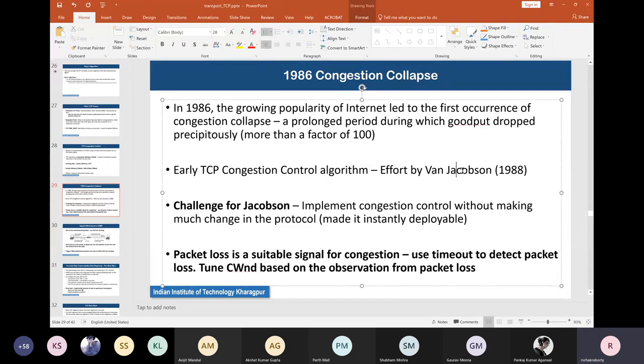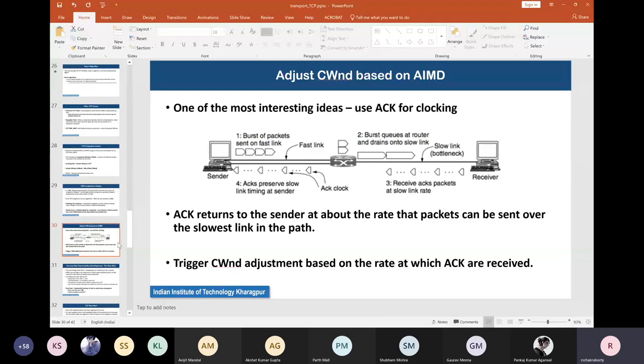Similarly, in TCP, if a packet loss or segment loss happens, that is a signal for congestion. If timeouts are repeatedly happening, that's a signal for congestion and you should react to it. You have to now tune the congestion window. By the way, Van Jacobson suggested that we change the congestion window based on AIMD, which we studied in the previous topic.